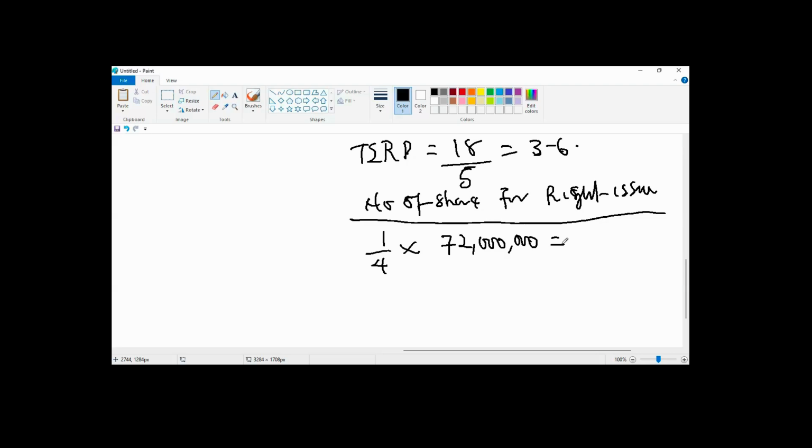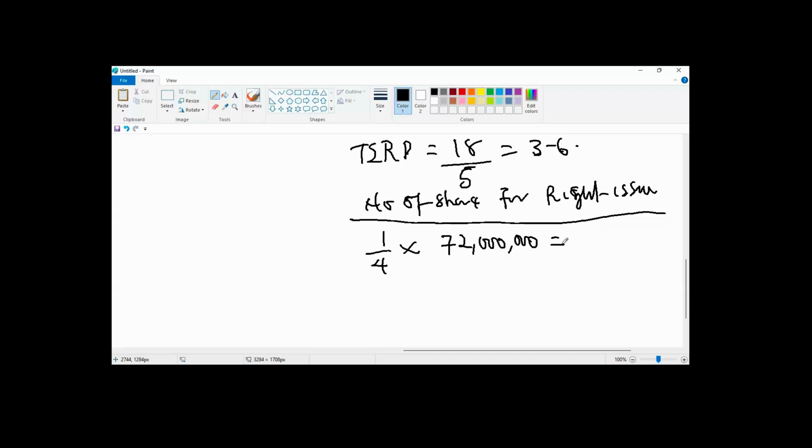So what does it give us? 18 million. So 18 million will be added to 72 million.